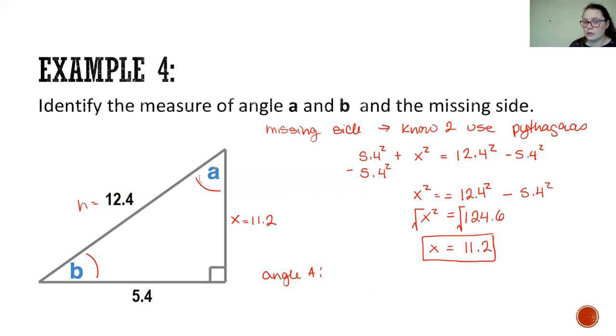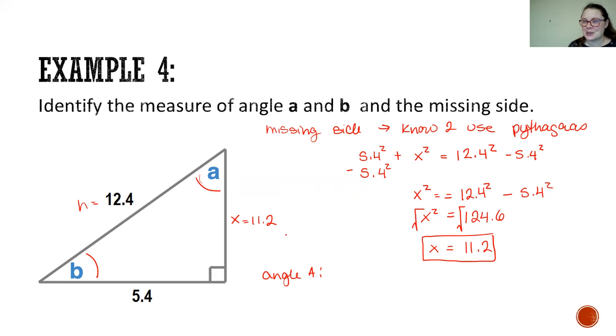So angle A, well, we need to label our sides. Now, as a rule of thumb, use the sides that you were given in the question as opposed to something you've calculated, just in case you made a mistake. I mean, sometimes it happens. We make mistakes. I'm sure you've caught me making an error on a SAM quiz. It's a matter of an error in a click or the computer system not reading a formula correctly.